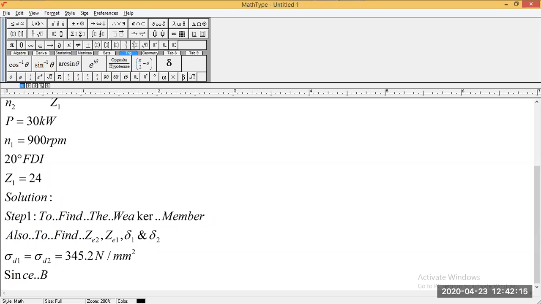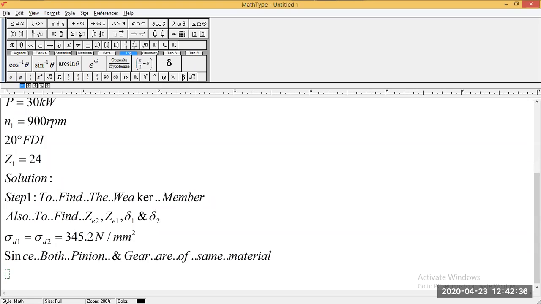Since both pinion and gear are of same material, you can say pinion is weaker.